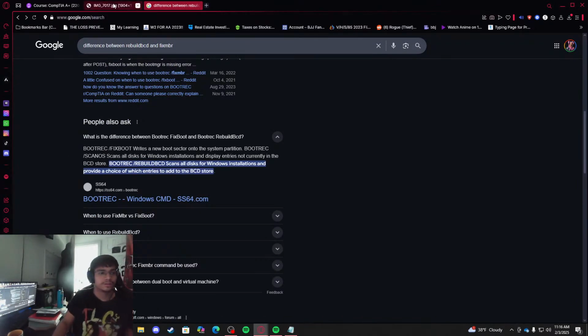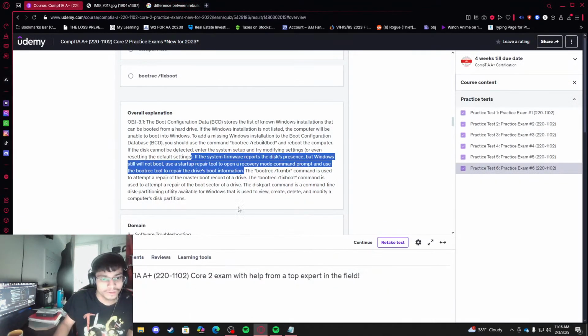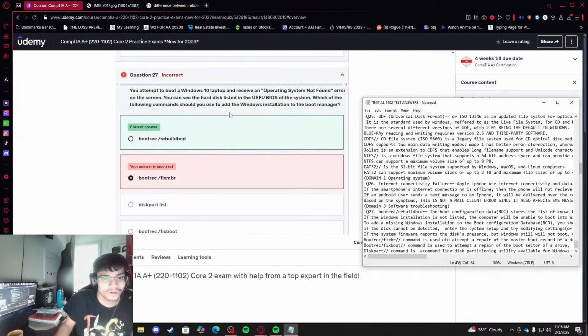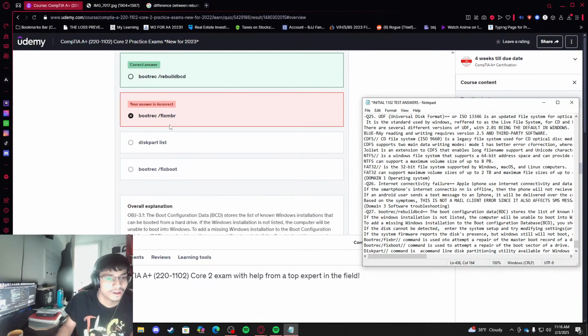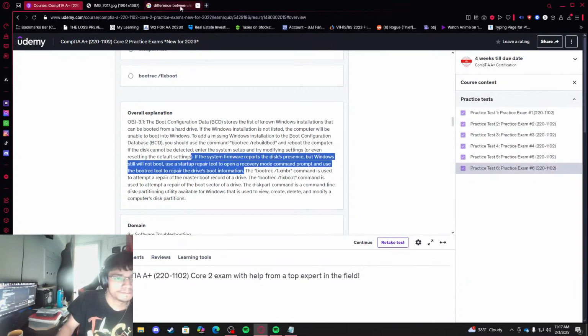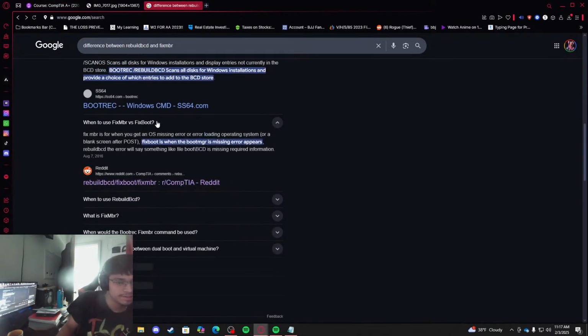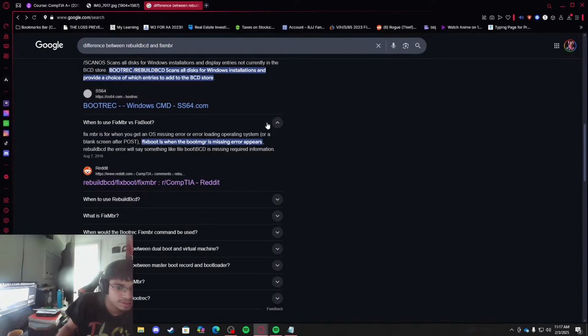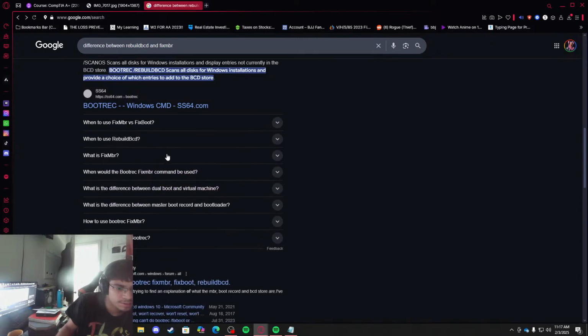Okay, so rebuild BCD is just checking for whatever Windows installations you have. Fix MBR is to fix the master boot record. Now what type of error does that give? Fix boot is when the boot manager is missing or corrupted.